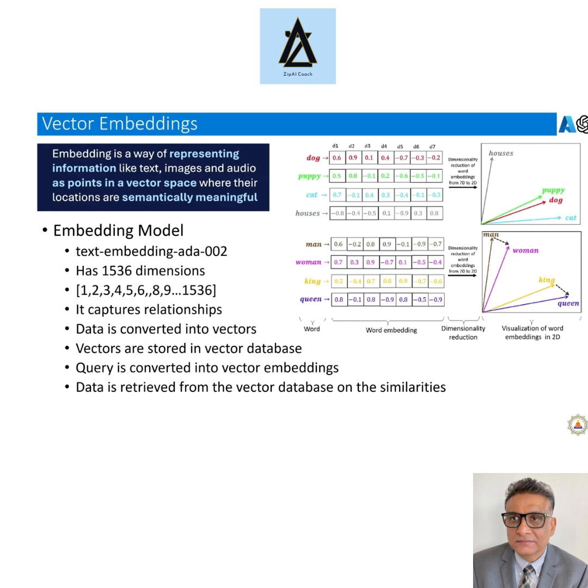When you embed it, it creates an n-dimensional space, which for OpenAI is 1536 dimensions, which represents that content. So you use some embedding model, data is converted into vectors, vectors are stored in the vector database, and the query is converted into vector embeddings so that you can perform the search.